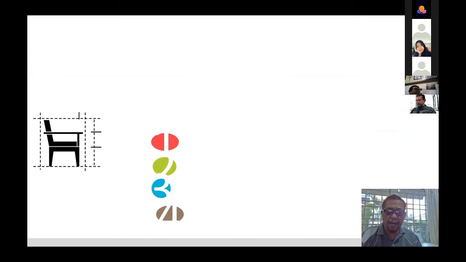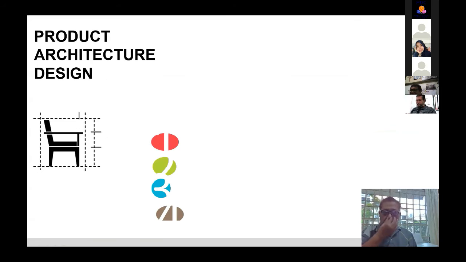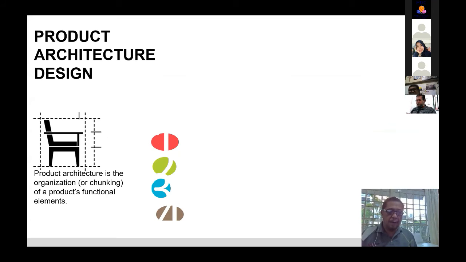Every product has several functional modules. When you talk about product architecture, it's basically a collection, and also the organization, of all the functional modules and elements of a product put together, and we want to see how they link to one another.